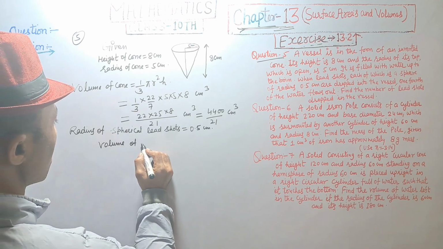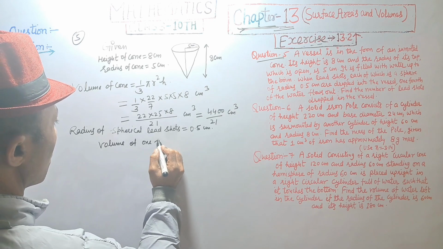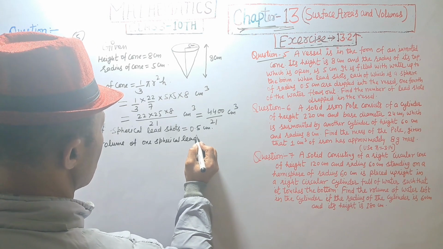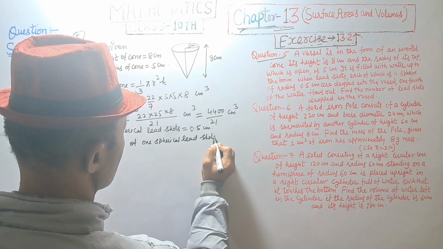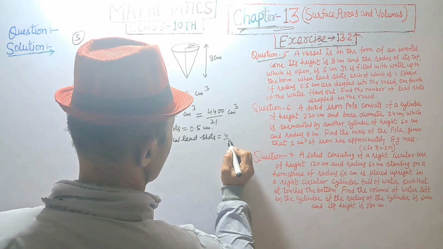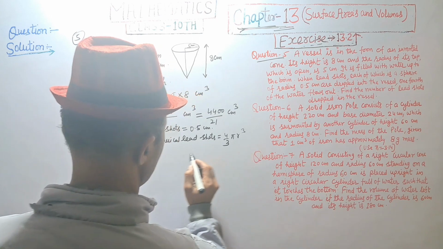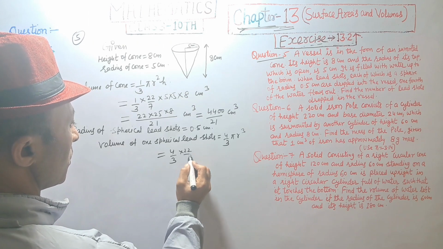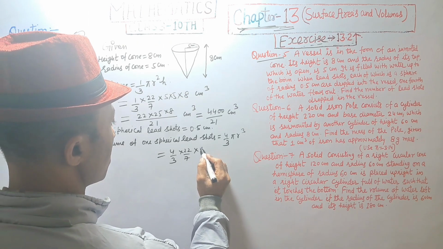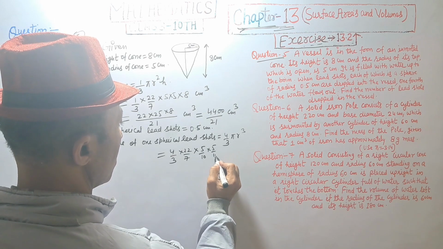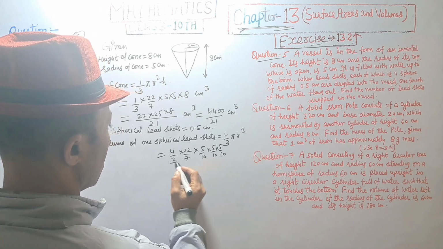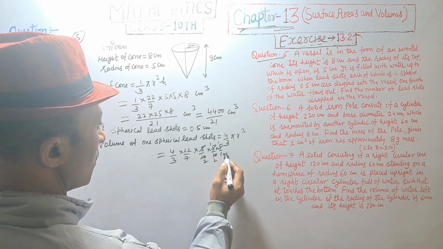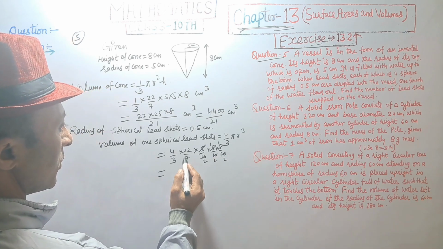Volume of one spherical lead shot is equal to 4/3 pi r cube, that is equal to 4/3 pi is 22/7 into radius is 5/10, 5/10, 5/10, that is equal to 1/2, 1/2, 1/2.